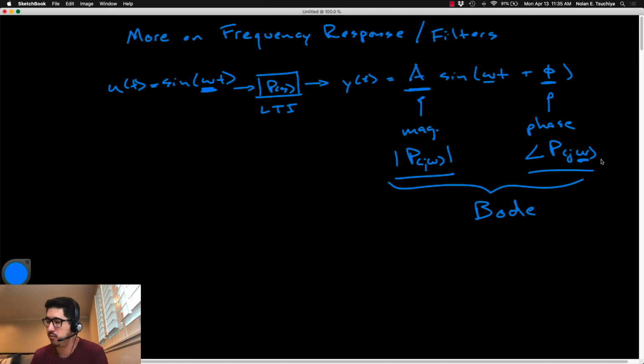Okay, so the pair of plots, magnitude and phase, together plotted against the frequency argument, produce the Bode plots. The Bode plot for a system is a visualization of the frequency response, which is a very powerful analysis tool, and as it turns out, a control design tool for later on.